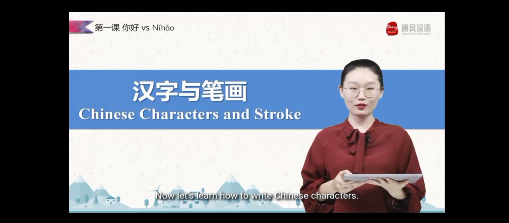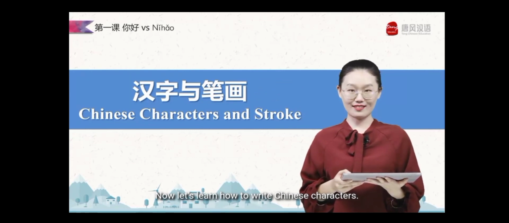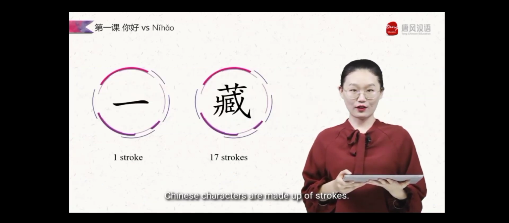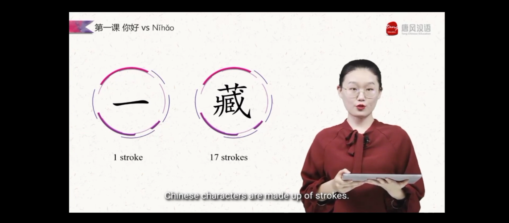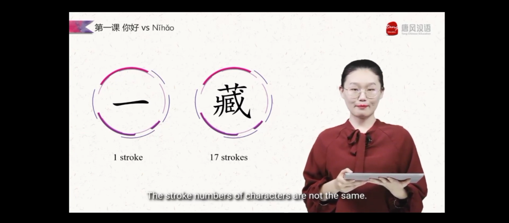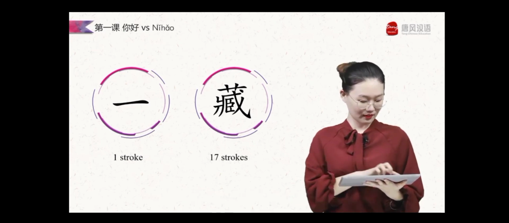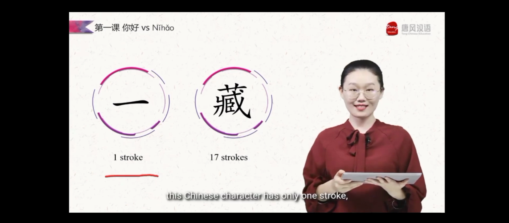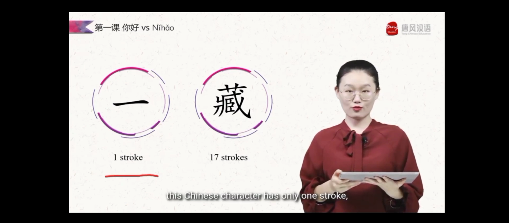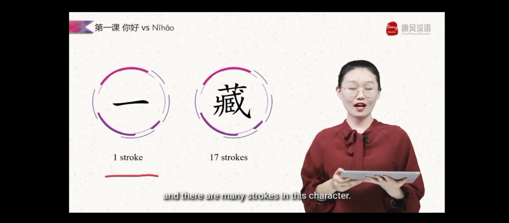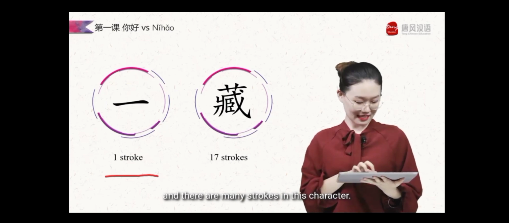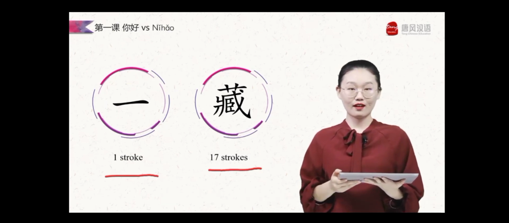Now let's learn how to write Chinese characters. Chinese characters are made up of strokes. The stroke numbers of characters are not the same. For example, this Chinese character has only 1 stroke, and there are many strokes in these characters.